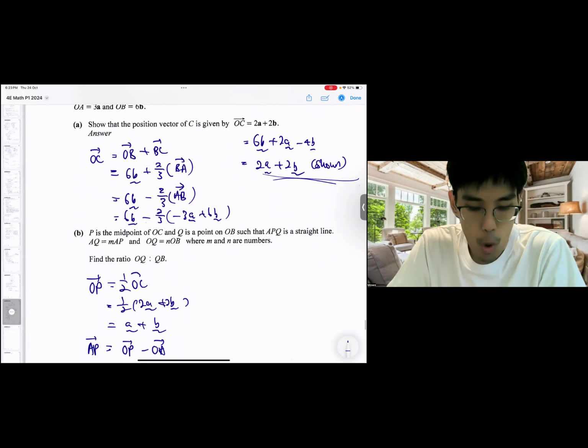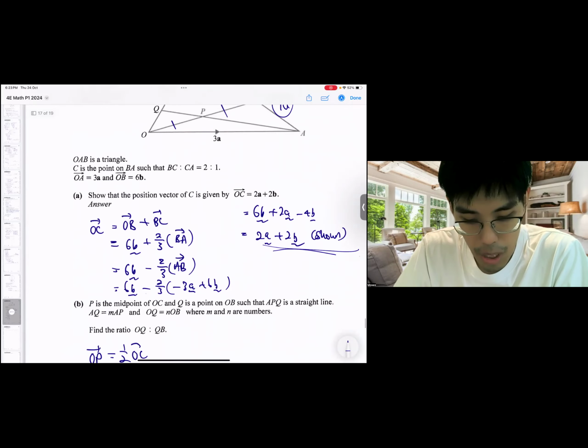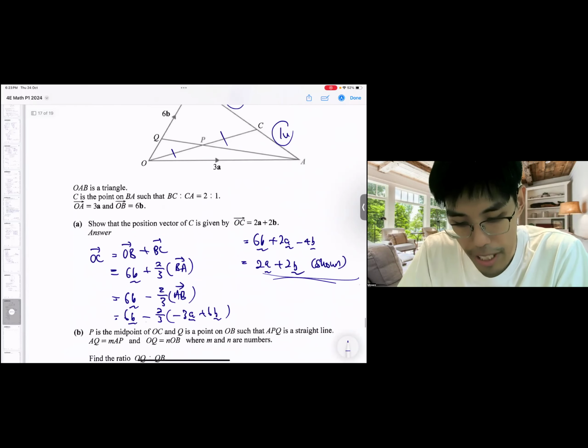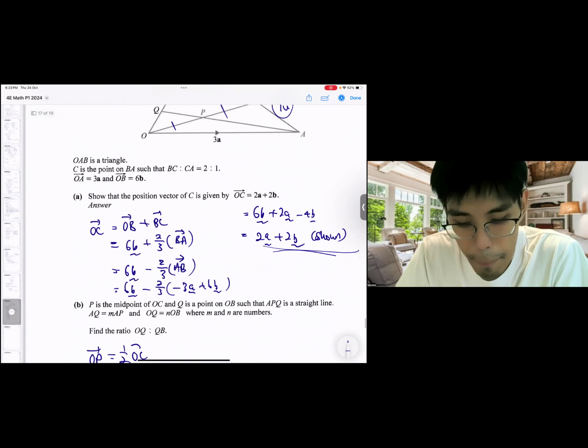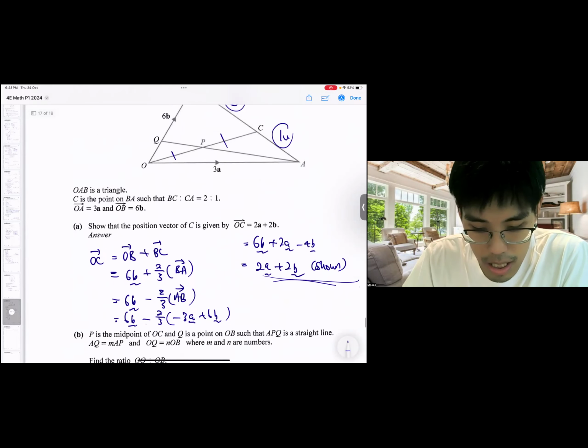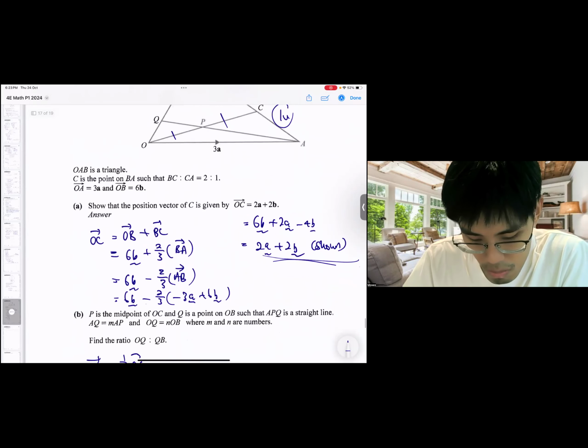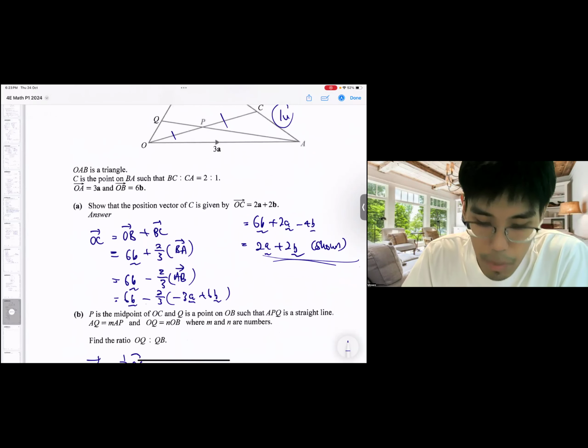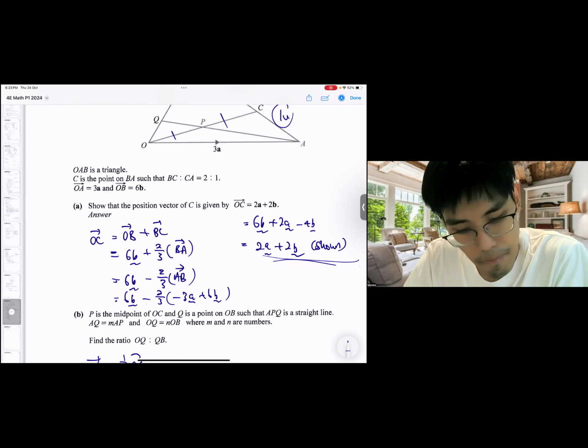Find the ratio of OQ and OB. Okay, so I got AP already: minus 2a plus b. Did they tell me anything else about Q? No. They only tell me that it's collinear. Interesting.